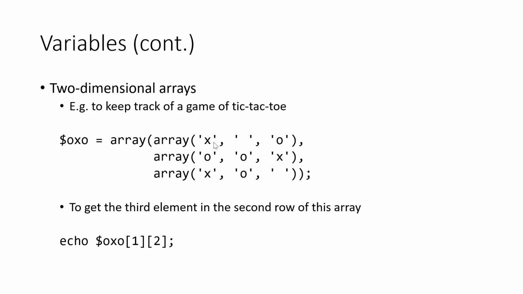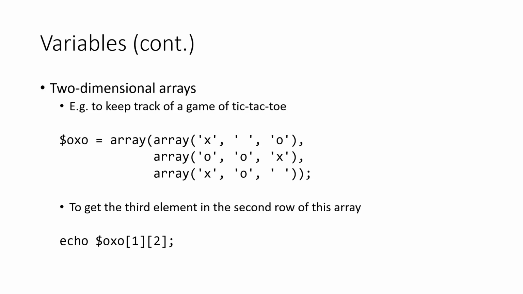The crosses indicate where you have put the cross symbols. In this particular case, each row is an array, and all the rows put together form an array. This creates a 3 by 3 array, which is a set of string values we store.